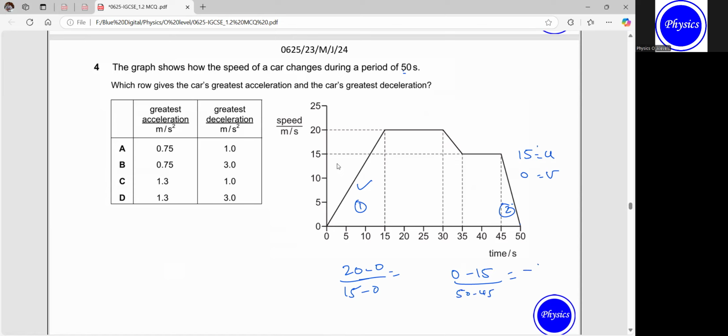So here it is minus 15 divided by 5 seconds, which will be minus 3 meters per second squared. The negative indicates negative acceleration, which means deceleration. So here the deceleration, which is negative acceleration, is 3, and so it's D.